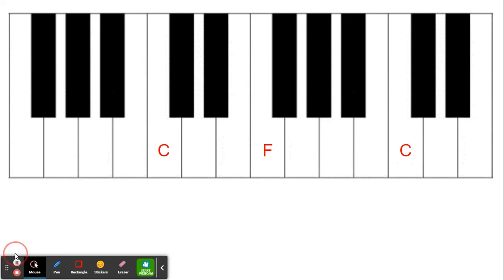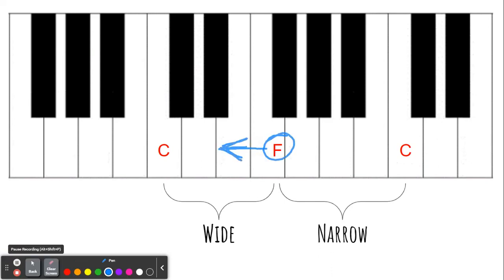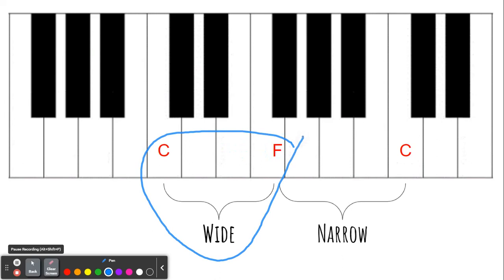If I take them outside of equal temperament, I might do something like this. And if I want to put them in equal temperament, I'm going to do this, but I haven't moved my F as far back as it was the first time when I had it in the center of the key. My fourth has to be a little wide, just like last time, and my fifth has to be a little narrow, just like last time.